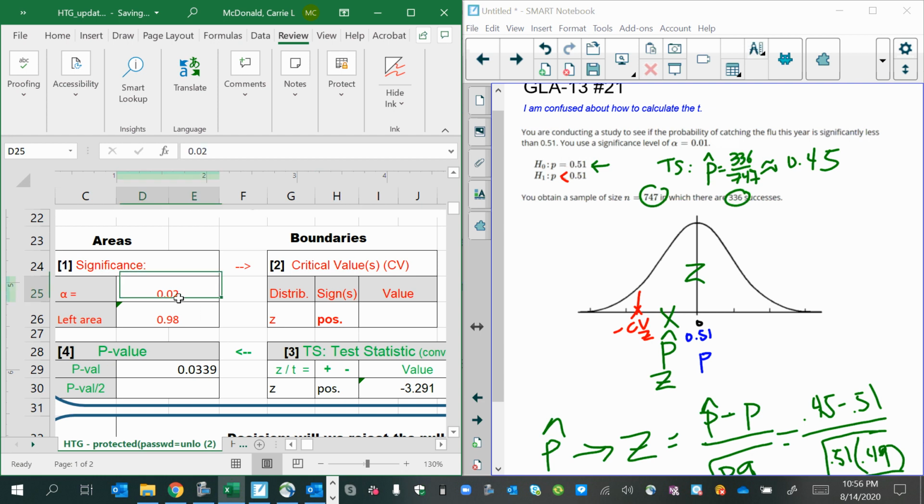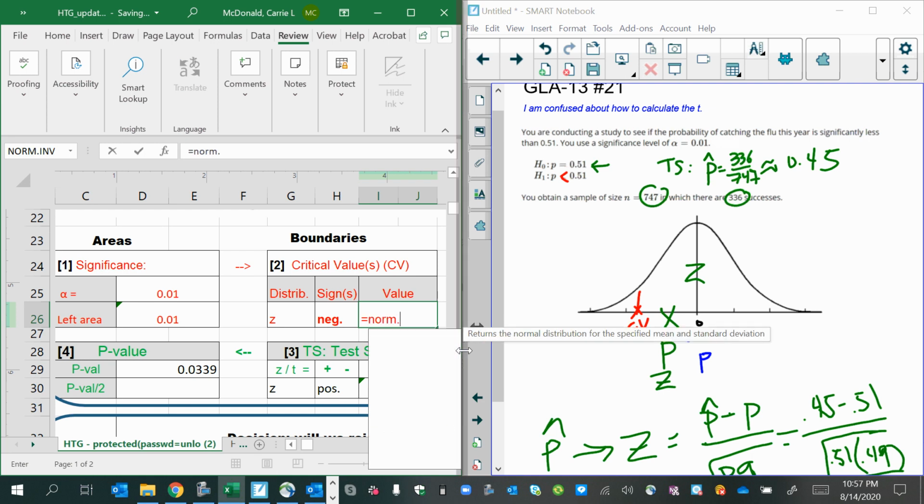The significance level is 0.01. And the area to the left would be 1 minus that, or no, that would be if it was on the right. Since it's on the left, it's just straight up 0.01. And the z-score there, the critical value, will be negative since it's on the left of the 0 there as a z-score.